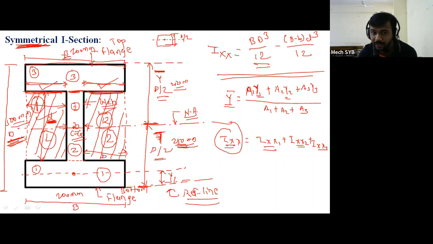CG of section 2 from the reference line, and y3 means CG of section 3 from the reference line.